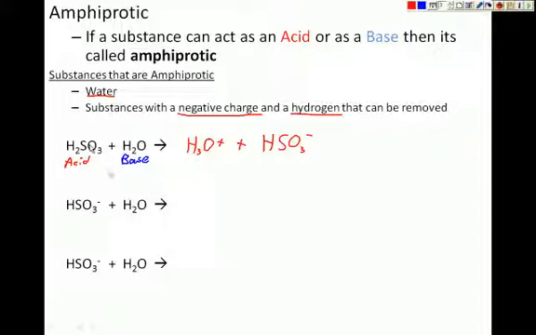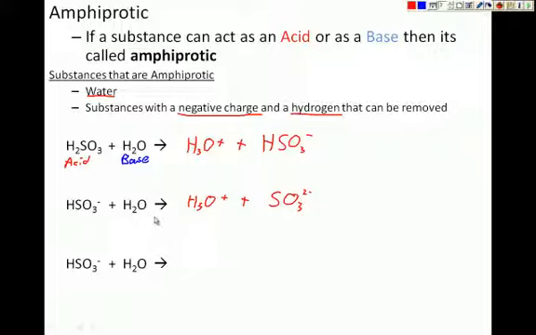Now let's look at these two right here. Now we have two very, very similar, or actually the same, things right here. We have HSO3 minus plus water and another HSO3 minus plus water. And two possibilities could happen here. So one, HSO3 minus here can donate a proton and make, again, H3O plus, and since it donates a proton, that'll become SO3 2 minus.